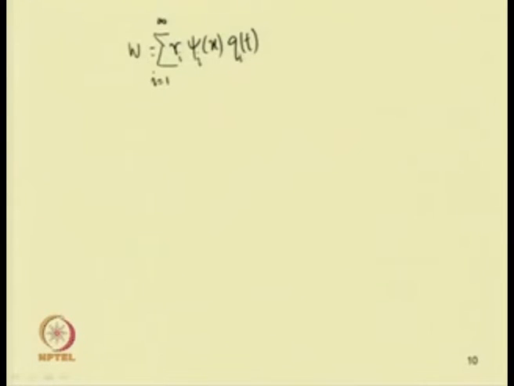But in actual case, as the higher modes will not be useful for our study, one can limit the number of modes to a few lower terms. So, it can be written as I equal to 1 to n, r I psi I x into q I t.